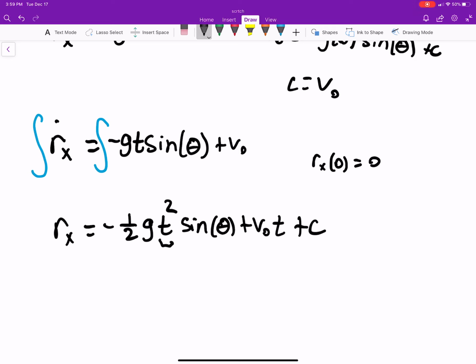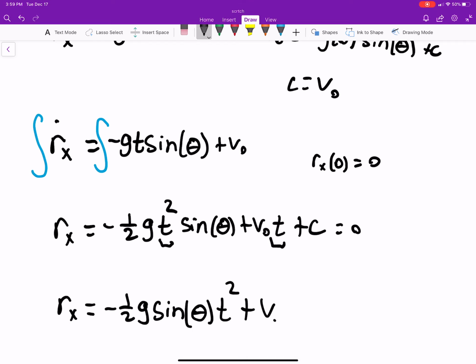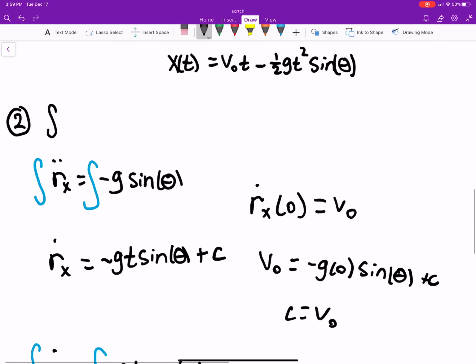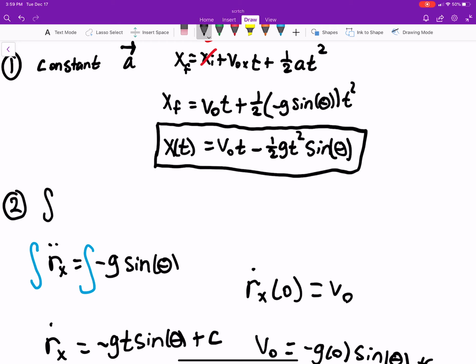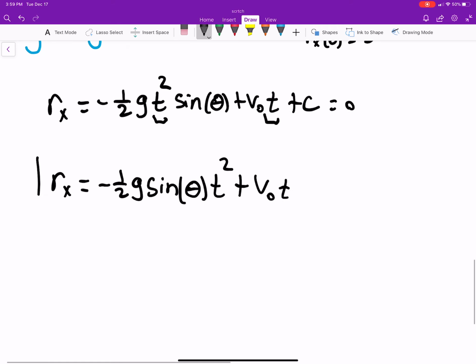So if I plugged a 0 in here and a 0 in here, c is just equal to 0. So we can just say r of x is minus 1/2 g sine of theta times time squared plus v naught t, which is the exact same thing we got here. So cool. 2 ways to get the same answer.